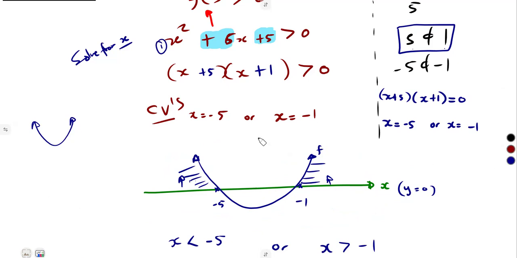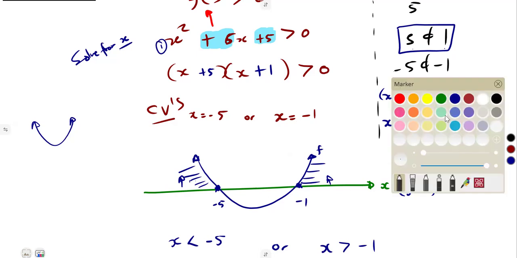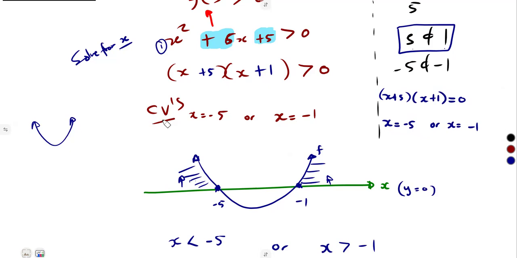You are not going back to solving like this, where you need critical values, this and that. Already you'll be having the values of x, unless these values of x are not there, then you must consider finding them. So what we can see here is that the critical values, x is equal to -5 and x is equal to -1, were taken from a condition where f of x is equal to 0.